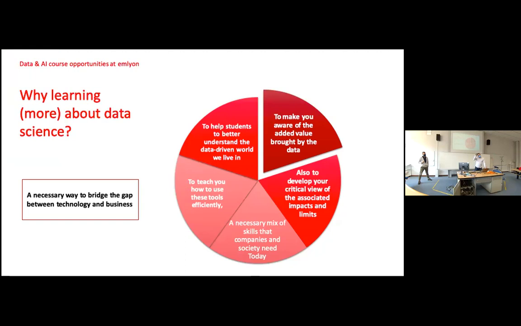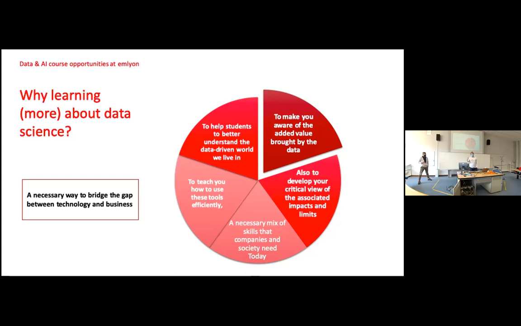And the real idea also is to help you to join and jump into the world we are living in, about data, about AI, which you have everywhere, and to make you more aware of what's happening, and to help you develop your own critical point of view.